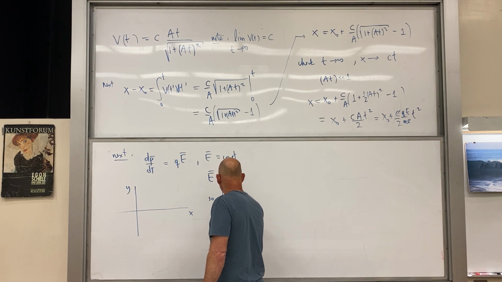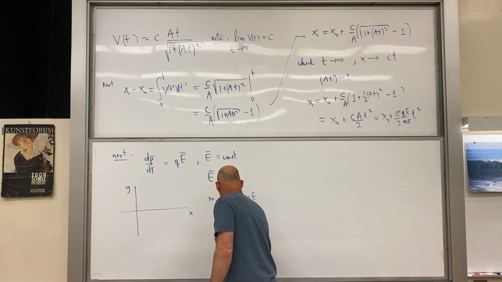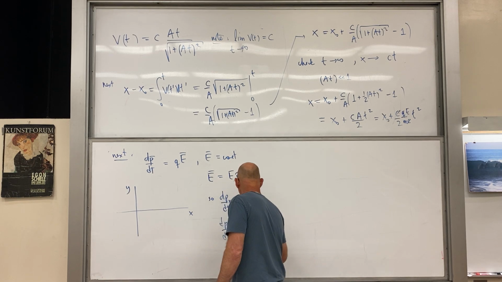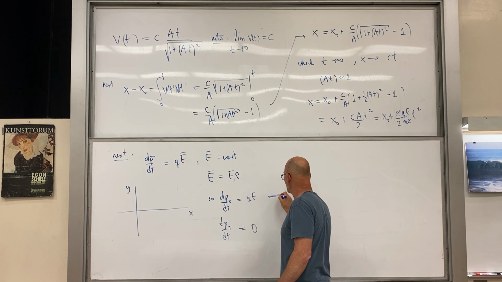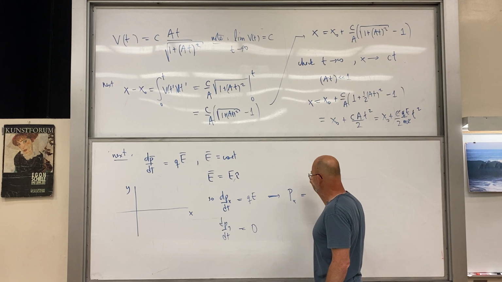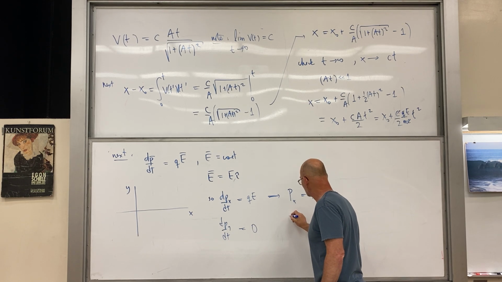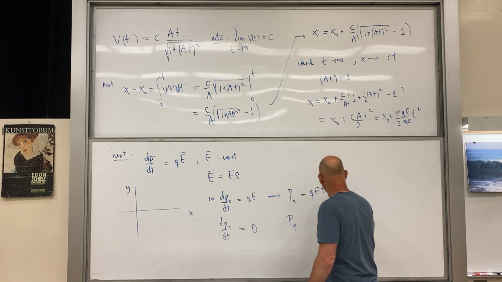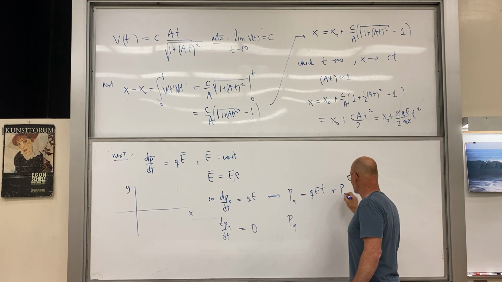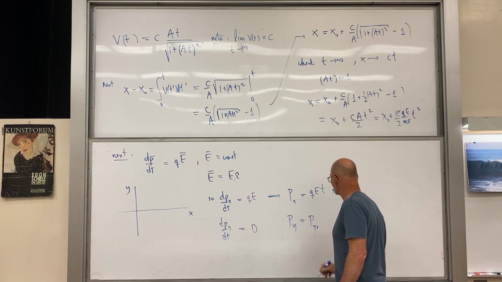So dpx/dt is equal to qE. dpy/dt is equal to 0. So we'll have px, just what we had before, qEt plus px0, py is going to be equal to py0.